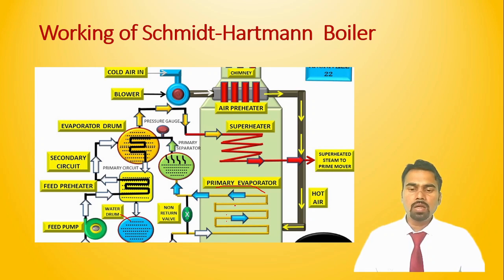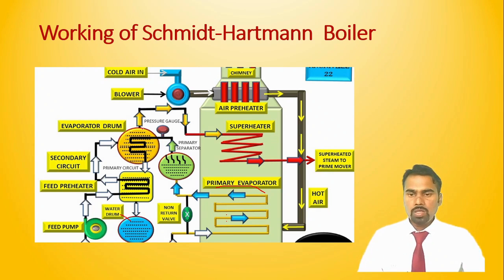In the primary circuit, the next component is the primary separator. Then here is one coil which is placed in the evaporator drum. So this is about the components of the primary circuit and secondary circuit.